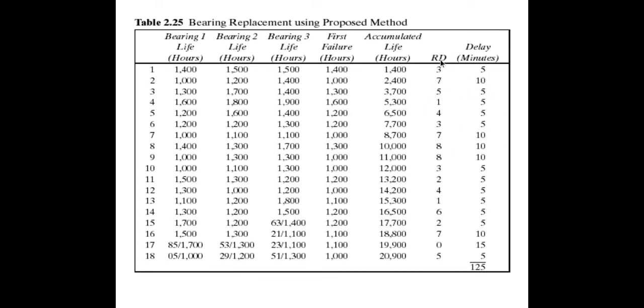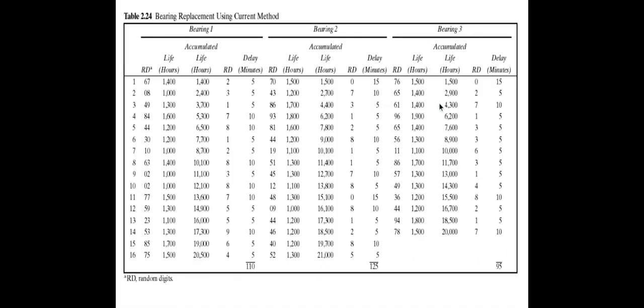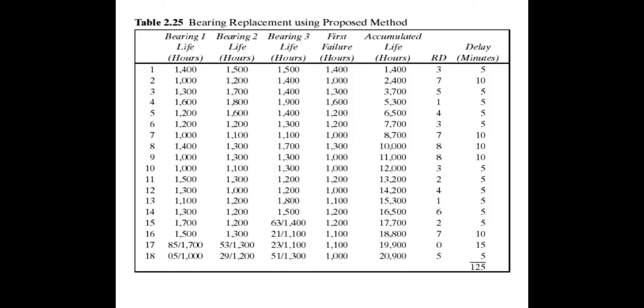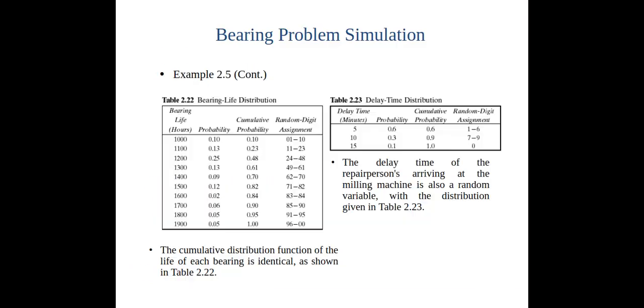These columns are the random digit for the delay time and the delay time. Here is the random digit for the delay time for the bearing we have selected, and the delay time is what we fetch from the delay time table shown in the problem.